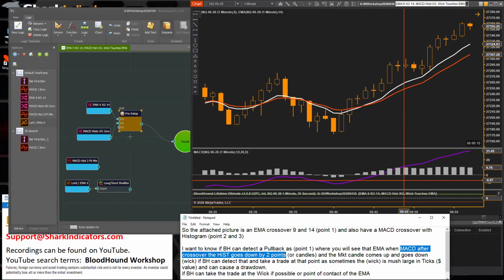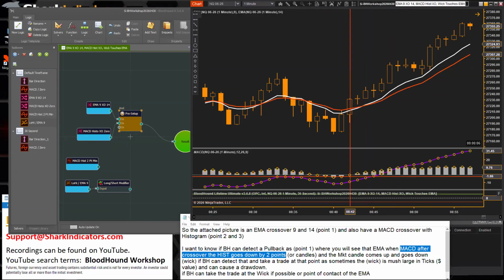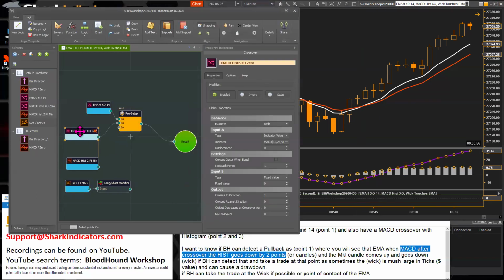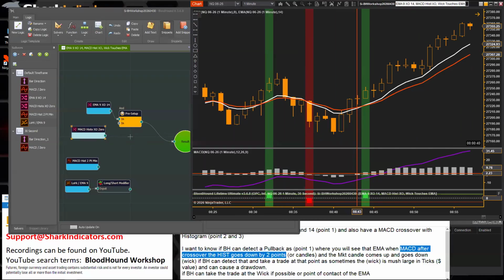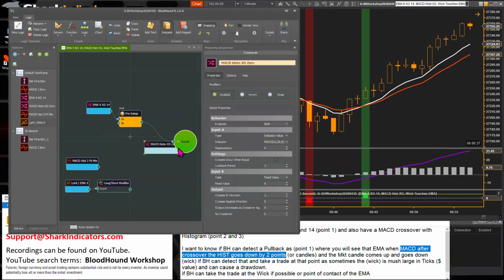As we can see here, the MACD histogram crossed above the 0 line first, and then we got the crossover. So I'm going to disconnect the crossover there, because using two crossover solvers, the crossovers need to happen at the same time.